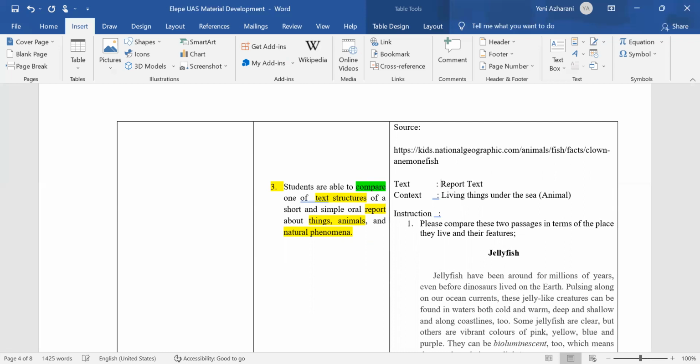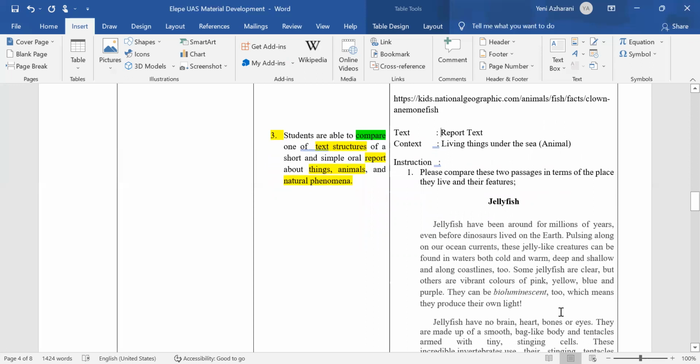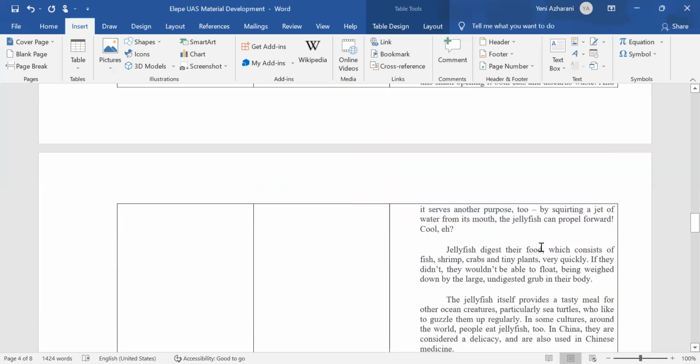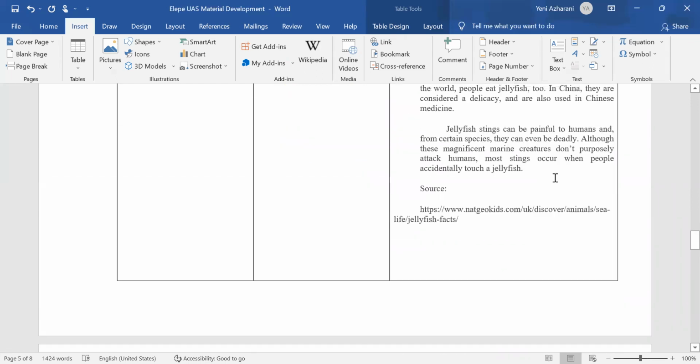The text is still about report text, and the context is living things under the sea still, but this time it talks about animals. So the students are given two different texts. One is the jellyfish, and then another is the stingray.